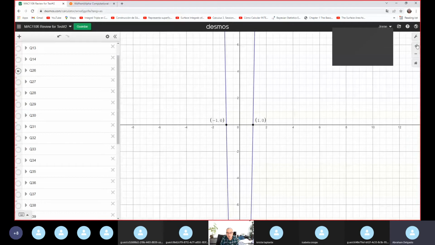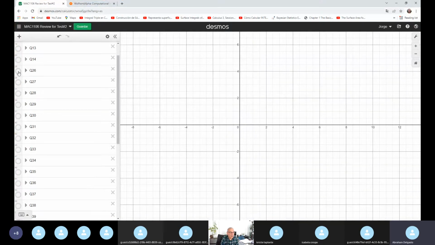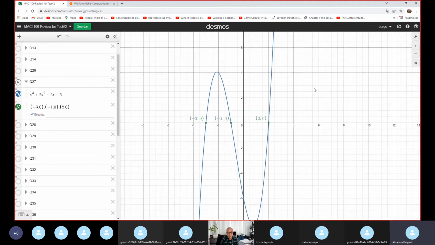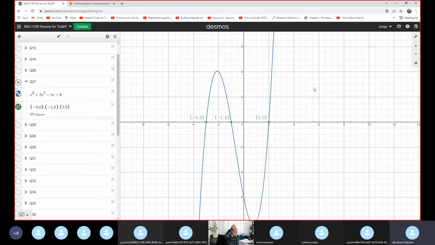I suppose you see Desmos now. Yes or no? We are talking about question 27. Do you see that or no? Yes. Entonces I discovered, wow, the real zeros are located at +2, at -1, and -3.